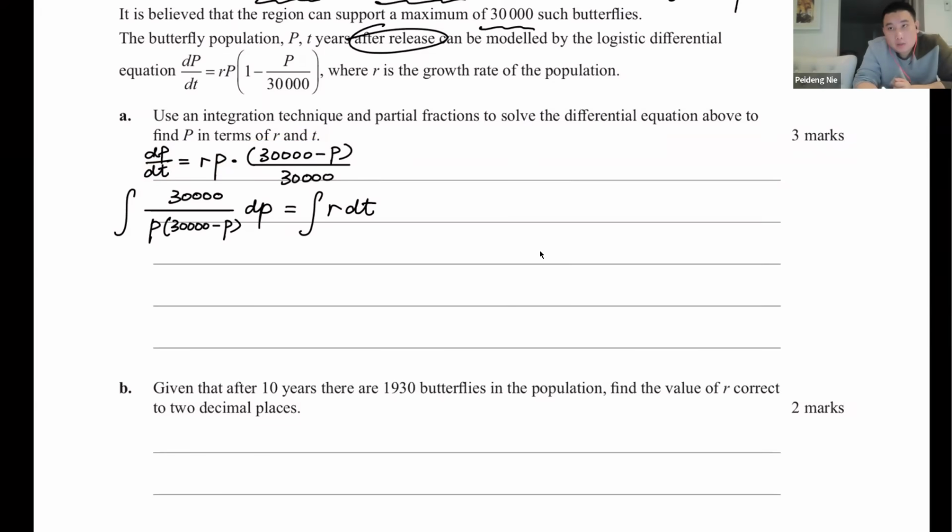Now, this is just one integration technique, but I also need to use partial fractions, which means I'm going to decompose the left integrand into 2 pieces, something over P, something over 30,000 minus P. So what I'm doing here is going to my CAS calculator because that's the exam 2 question.